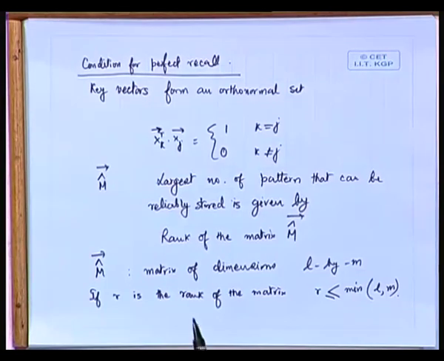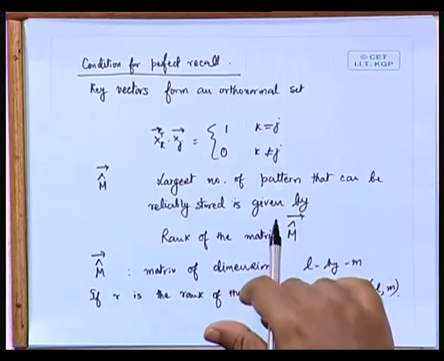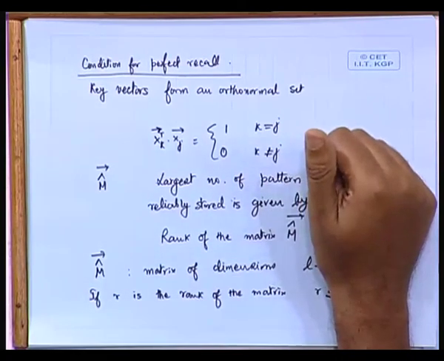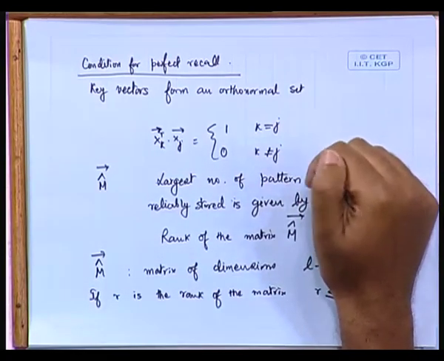Although we have already established the condition of perfect recall, the question that should come to our mind is whether this condition is fulfilled in all real life cases. In fact, it is not. In many real life associations, the key vectors do not necessarily form an orthogonal set.